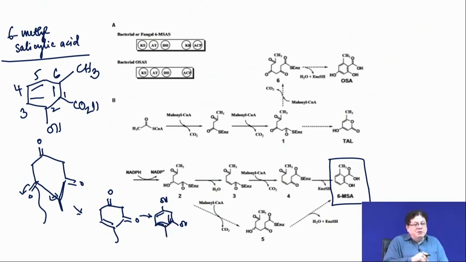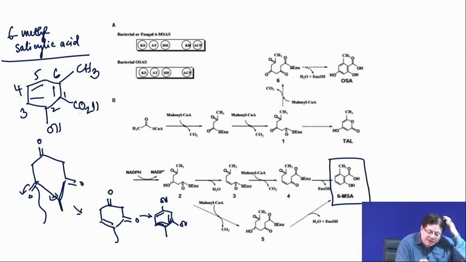The interesting point to note is that when the tricarbonyl or tetracarbonyl, whatever, polyketide chain is being made, it can undergo cyclization and form aromatic rings. That is possible. And in many of the polyketides, you will see generation of an aromatic ring or generation of a very macrocyclic compound like in erythromycin.